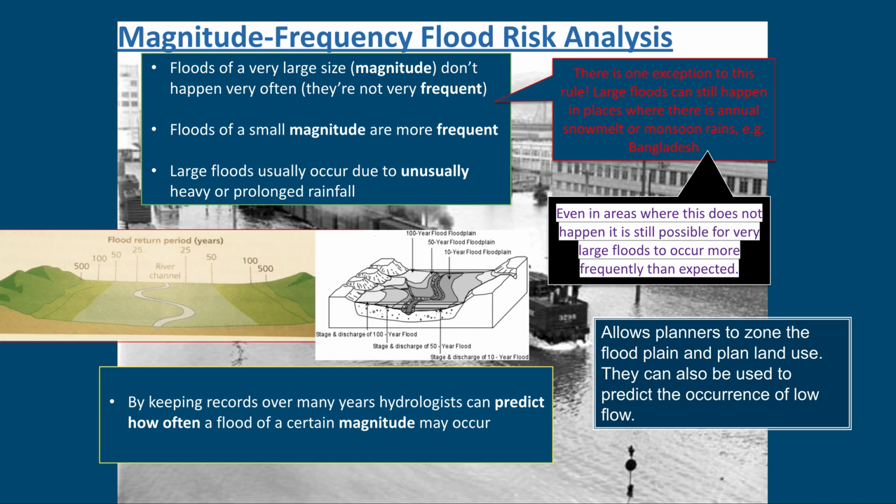So even in areas where there aren't very frequent floods, large floods can still happen at certain times of the year because there could be monsoon rain or snowmelt. And knowing all these factors allows planners to zone the floodplain and to plan the land use in the area.